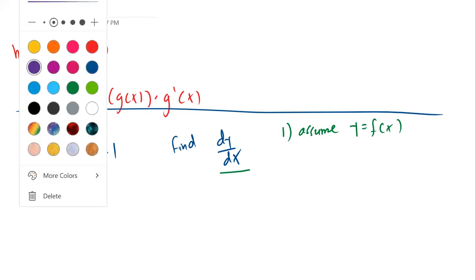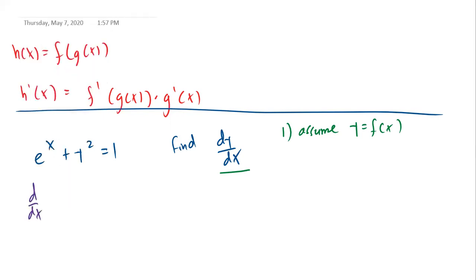Okay, so if we wanted to find dy dx implicitly, we'll take the derivative of both sides here. So d dx of e to the x plus y squared equals d dx of 1. We can split the derivative. The derivative of e to the x with respect to x is just e to the x.